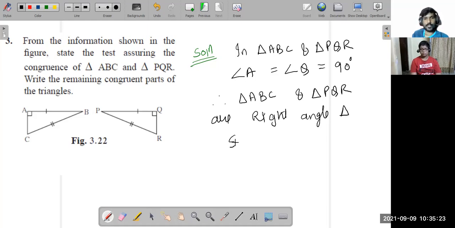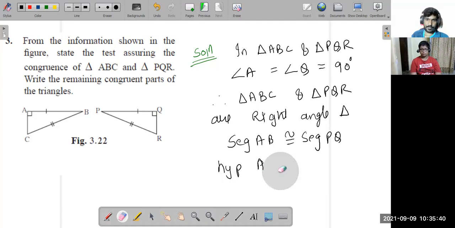After that, segment AB is congruent to segment PQ. This is given. And also hypotenuse BC is congruent to hypotenuse PR.